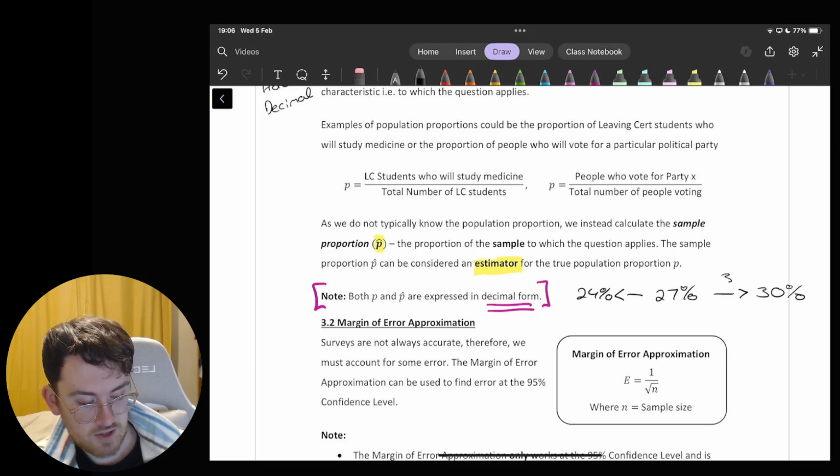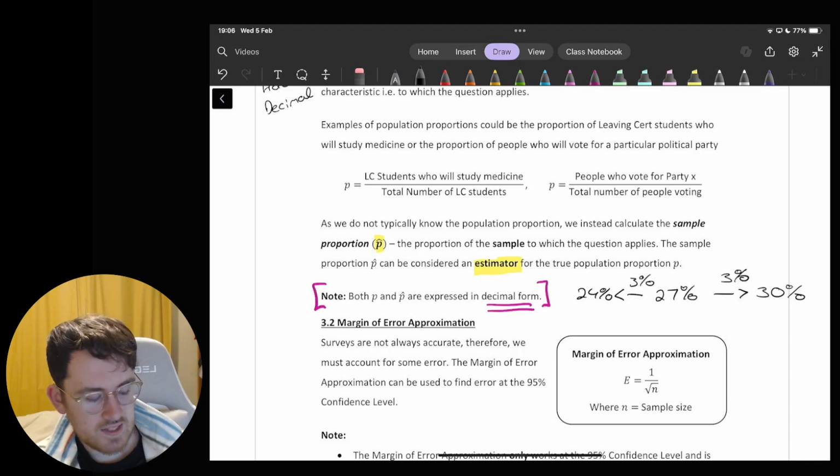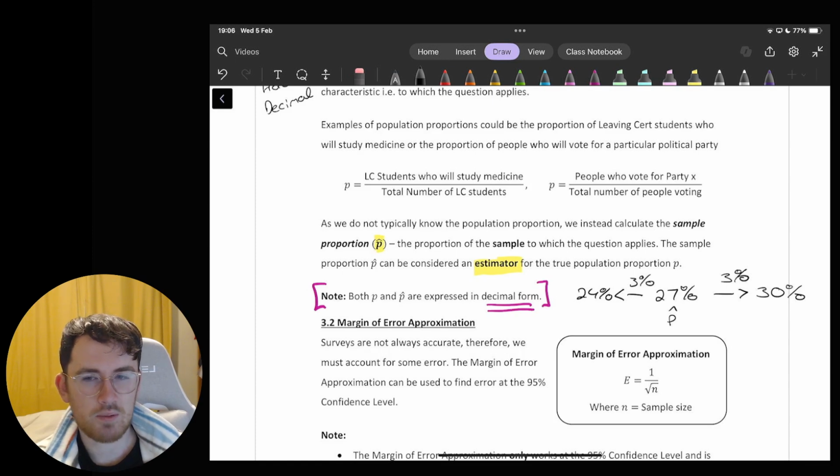So I'm allowing myself 3% either side of the 27. Maybe not exactly what I got for my sample, my p hat, but somewhere either side of that it probably does fall. That's my margin of error. I'm basically saying there's about a 3% error that I'm accounting for in my calculation of my p hat, my sample proportion.